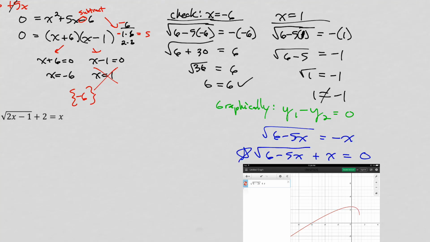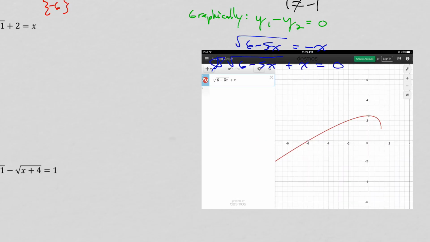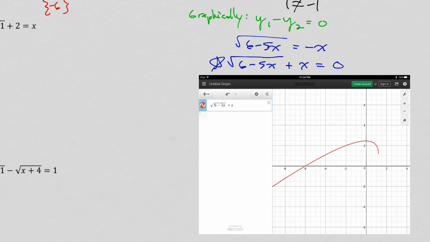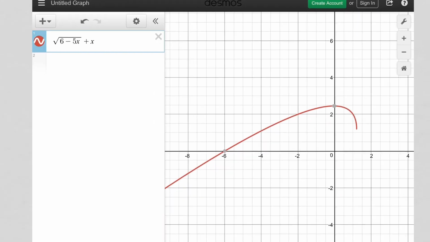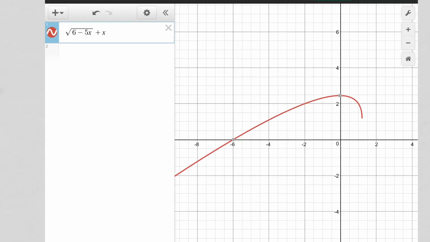All right, so if you put this into a graphing utility, just a second here. Let's see. Okay, as you can see, I typed in the full equation with the right side equals 0, so the x is on the left side now, positive.